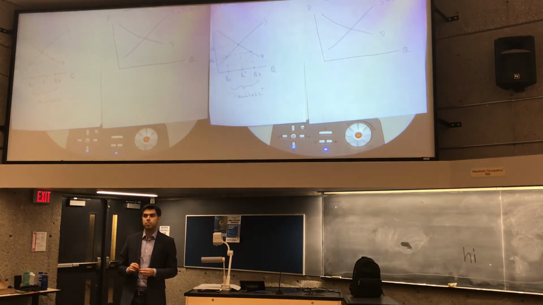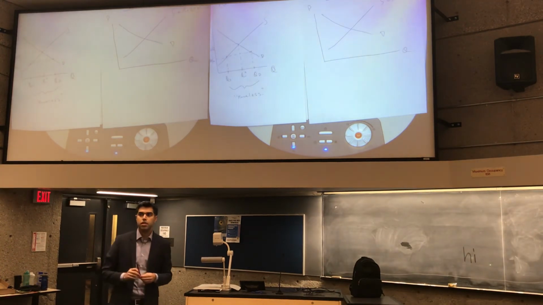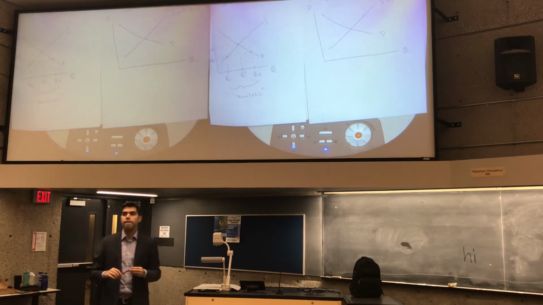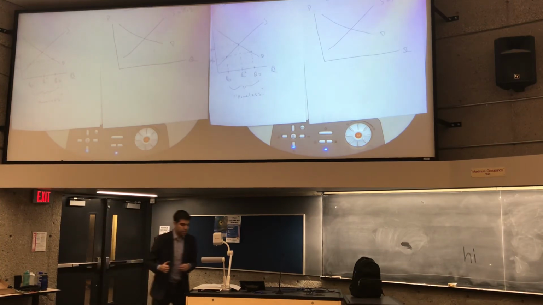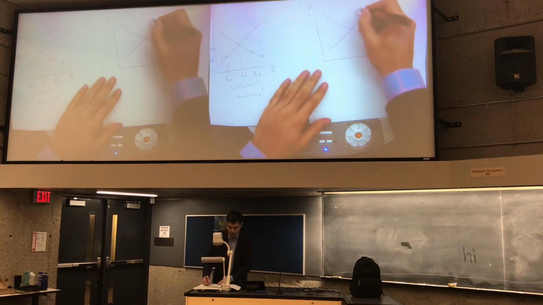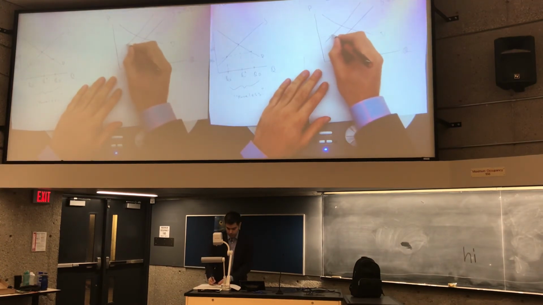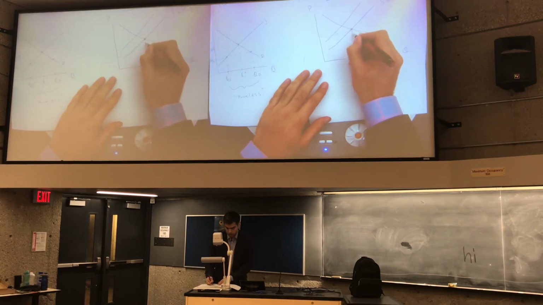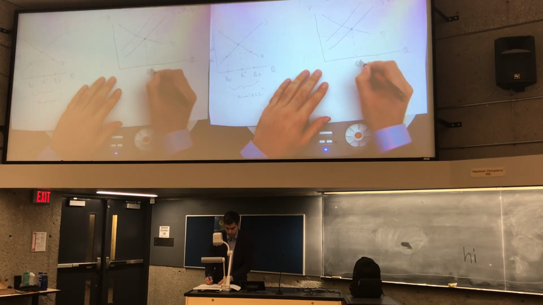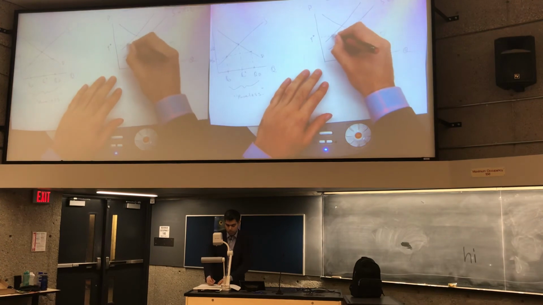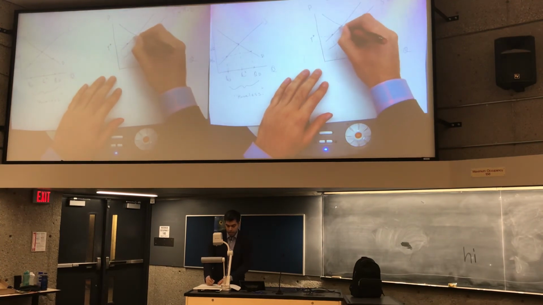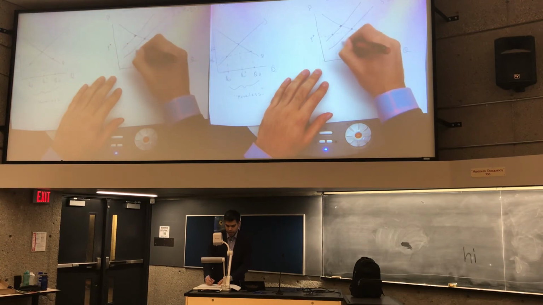Less quantity will be supplied for the same price. If this was the original price and quantity, first there will be less quantity at the same price, but then we'll shift quickly to a higher price.